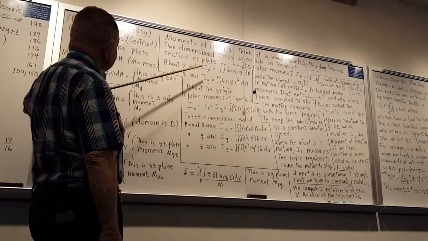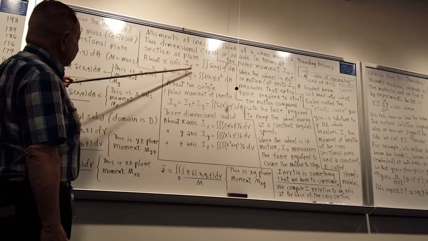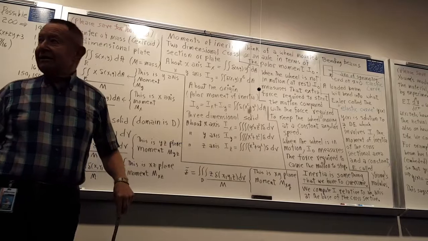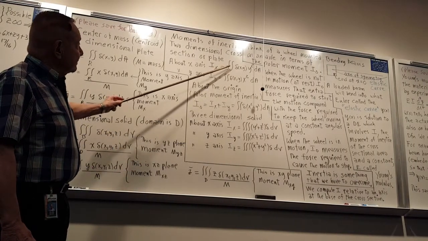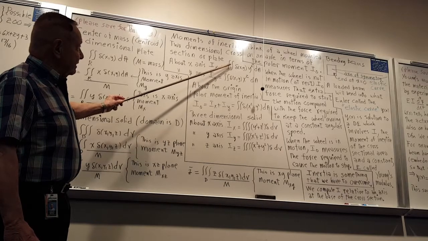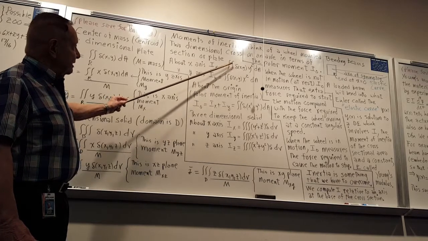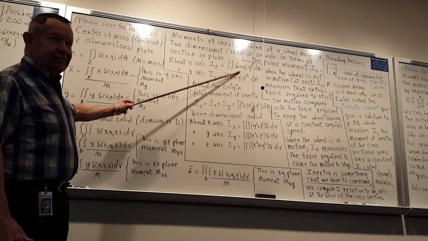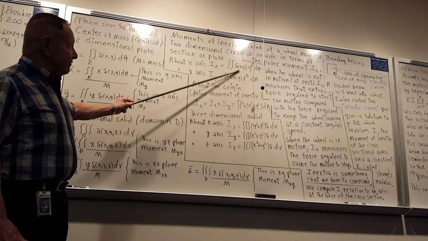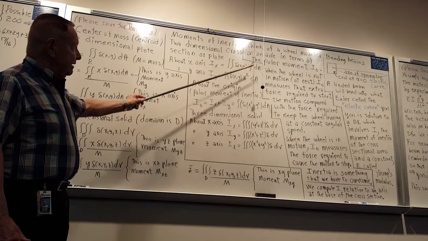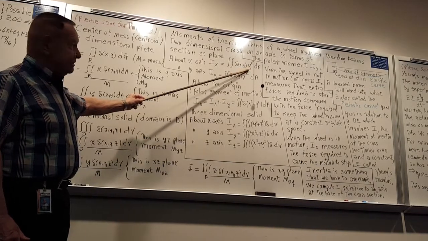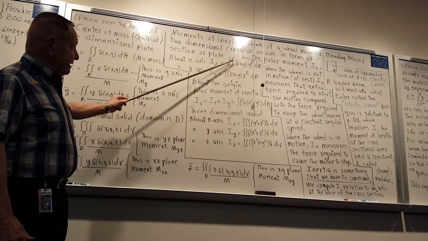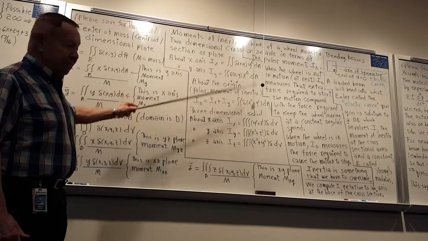So, if you're thinking of the moment of inertia about the x-axis, that is defined as the double integral of the variable density, if you have a variable density, times the squared distance from the axis to each point in this region, or what would be the cross section.